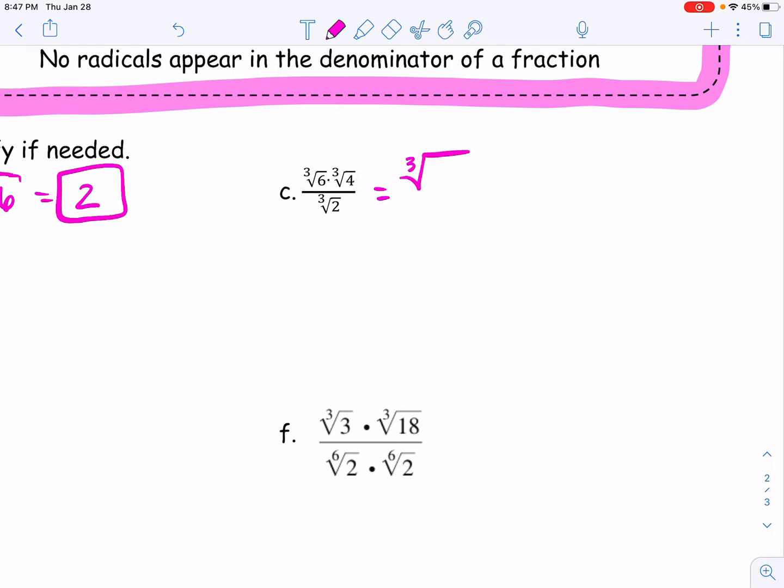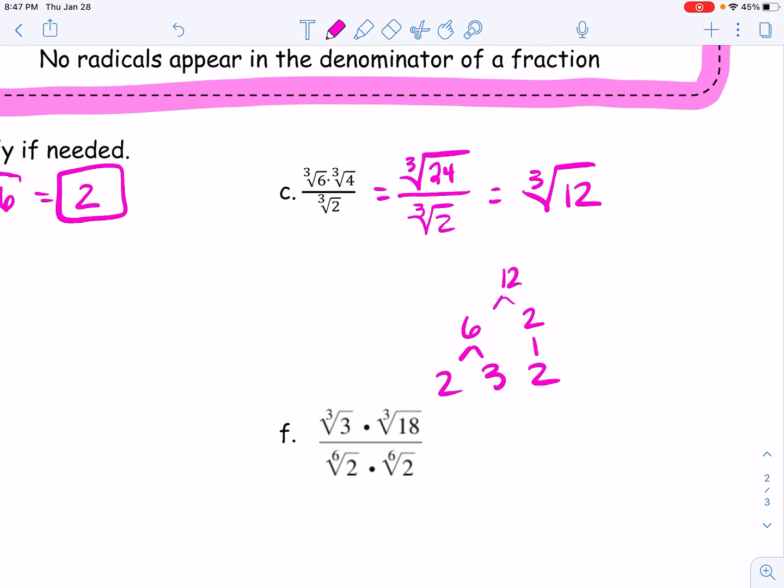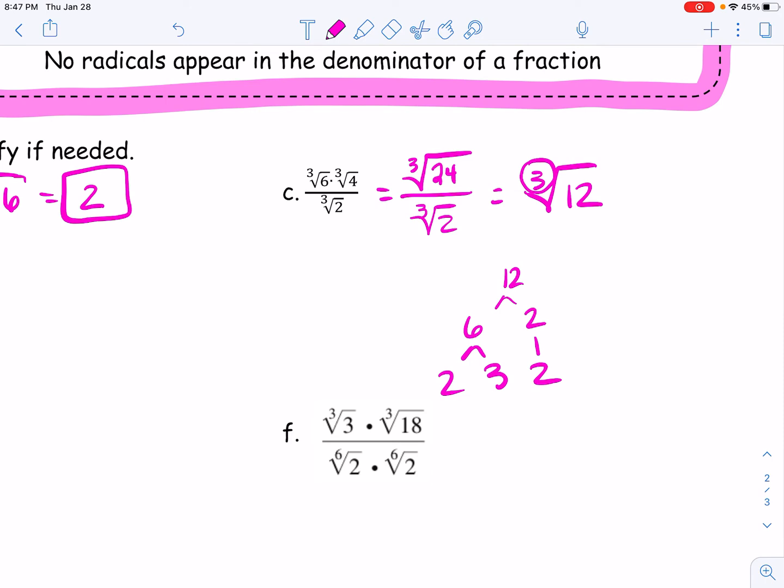Well, that would be the cubic root of 24 divided by the cubic root of 2, which is just the cubic root of 12. Well, 12 is not a perfect cube, okay? If I go and I try to simplify, though, I just get these numbers. I cannot make 3 of a kind. So what does that mean? That means this is already simplified.